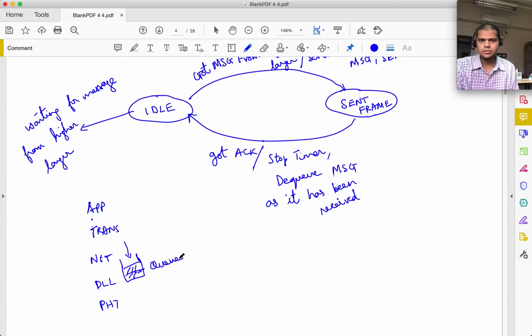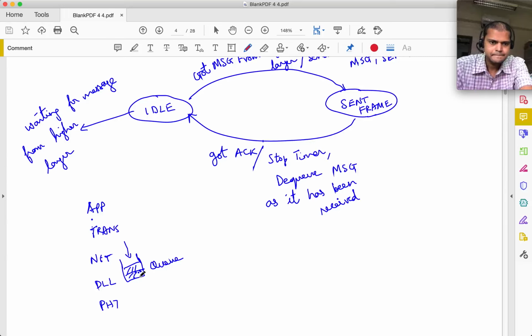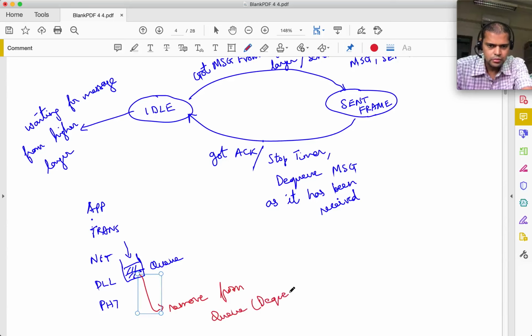So we sent it out and we got an acknowledgement, and after that we should remove this from the queue. So remove from queue, which I call DQ, after the ACK was received.